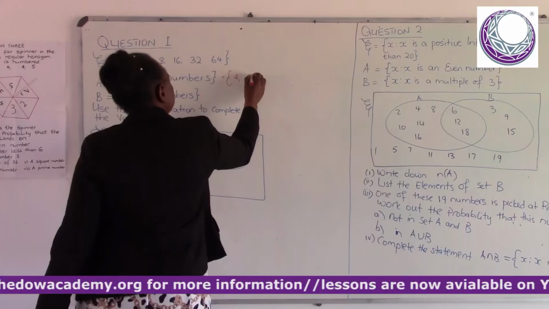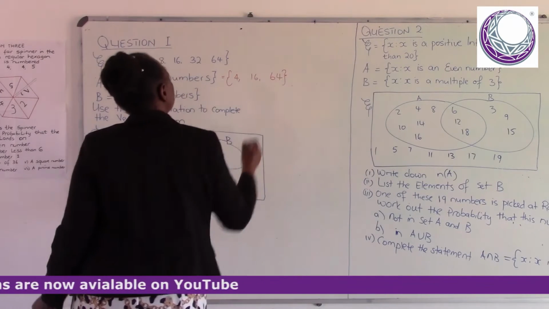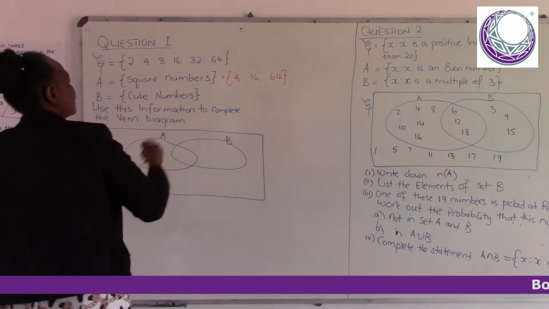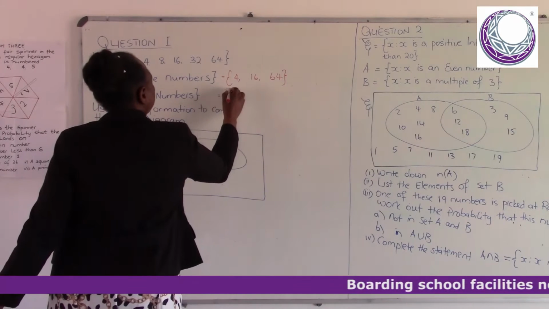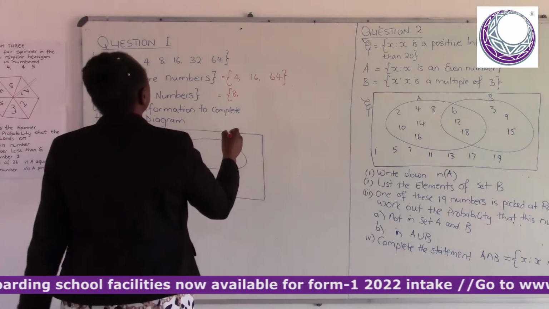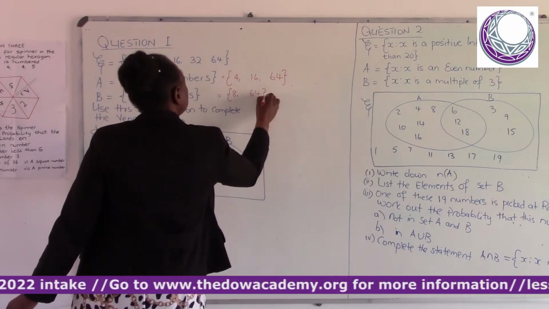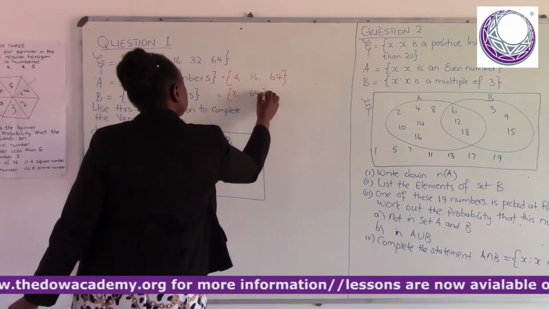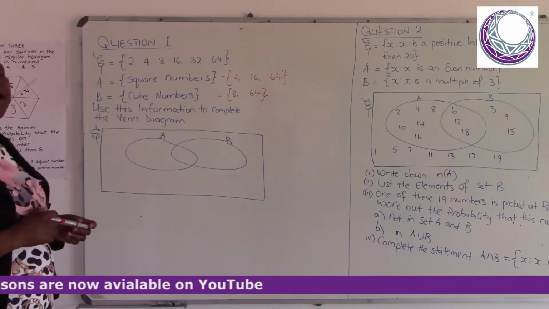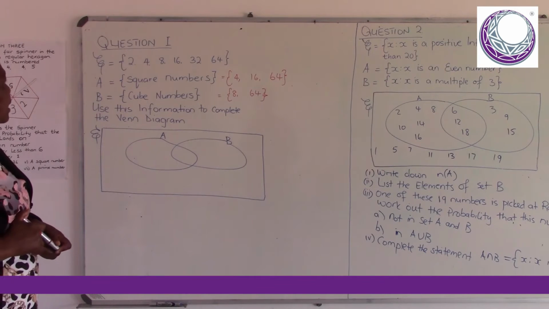So if you check, each time you want to do a Venn diagram, the first thing you look for are the elements that are common, elements that belong to the intersection set. If I look at this, I can see my 64. It belongs to the 2 sets. So now to put it in the Venn diagram, it belongs to this region, which is the intersection set.